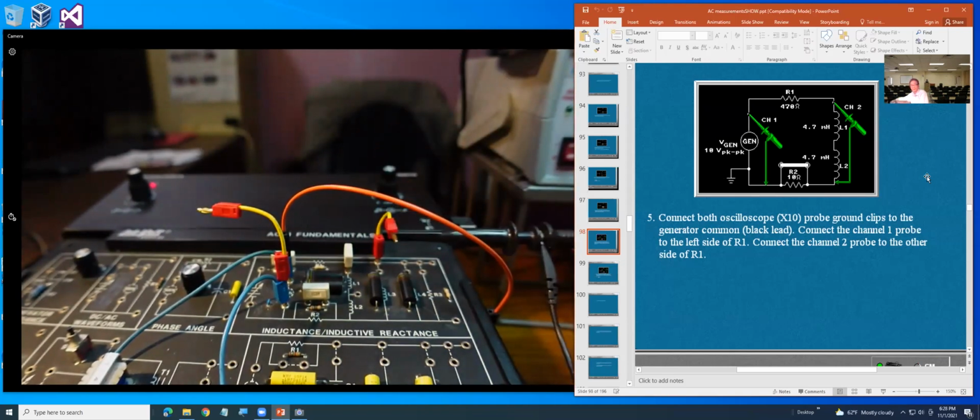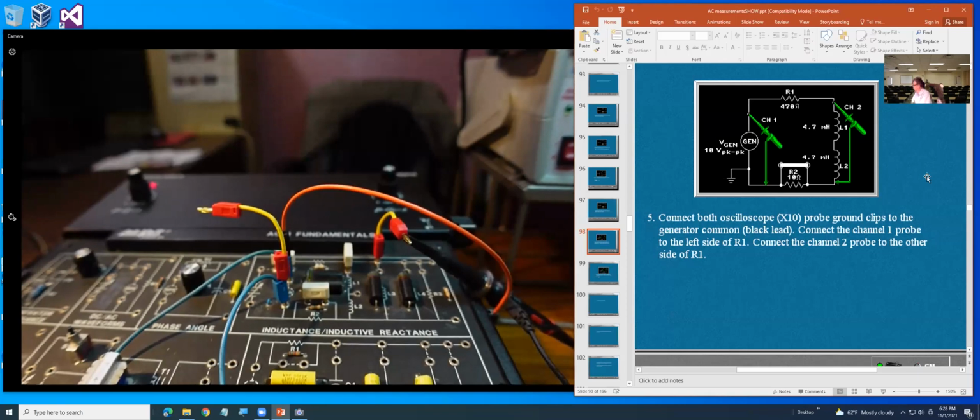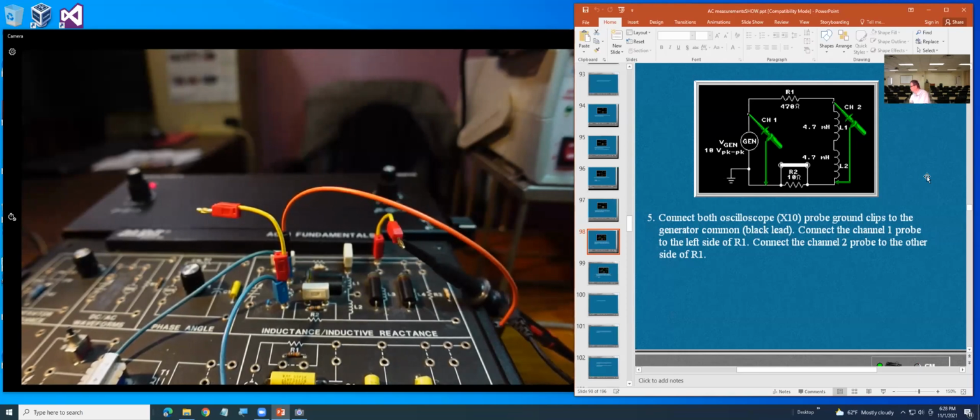So we have to measure channel 1, measure channel 2, then use the function channel 1 minus channel 2 to get the answer. Okay, any question regarding the connection of the circuit?